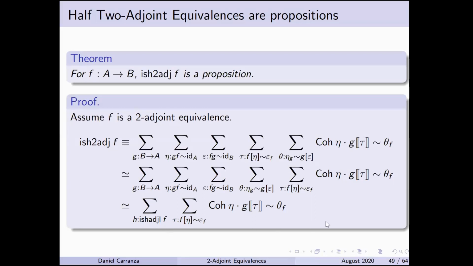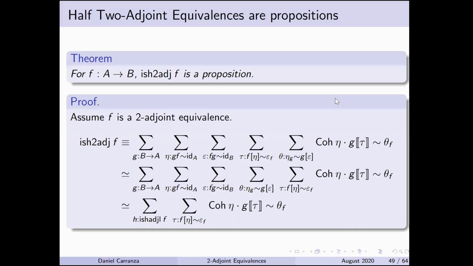And since we know that left half-adjoint equivalences are propositions, and we know that they're inhabited, right? Notably, f is a half two-adjoint equivalence, so it's definitely a left half-adjoint equivalence. Since we know it's a proposition, and we know it's inhabited, we know this type is contractible, right? We don't necessarily know what the center of contraction is. I mean, you could find out, but it doesn't really matter what the center of contraction is.